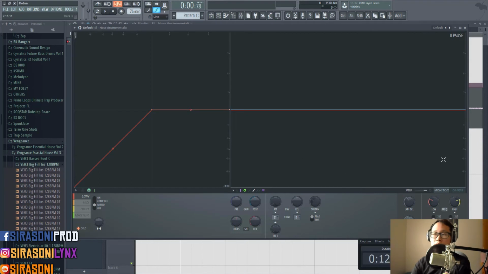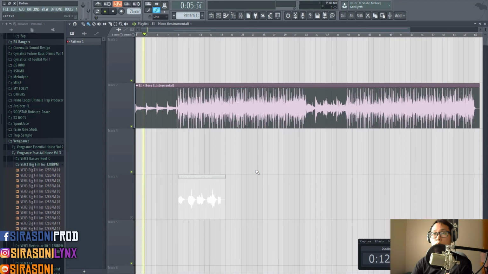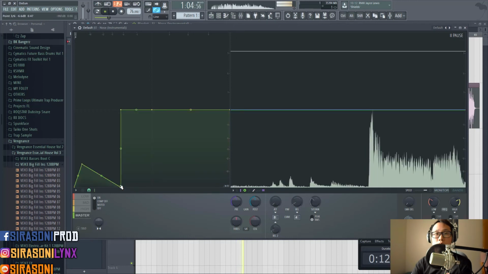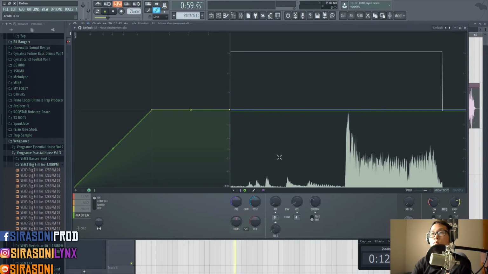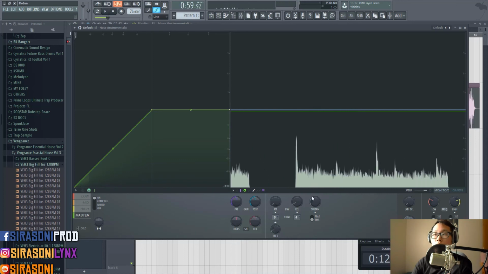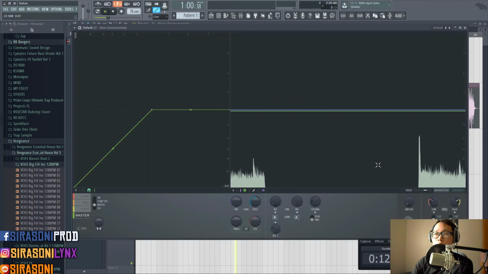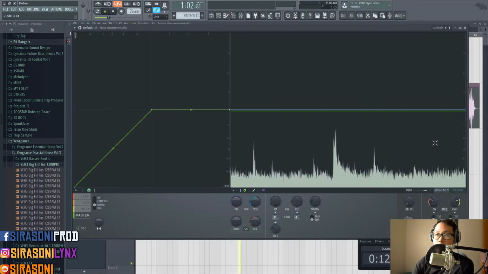Muted means the signal is coming through still, but it's muted.